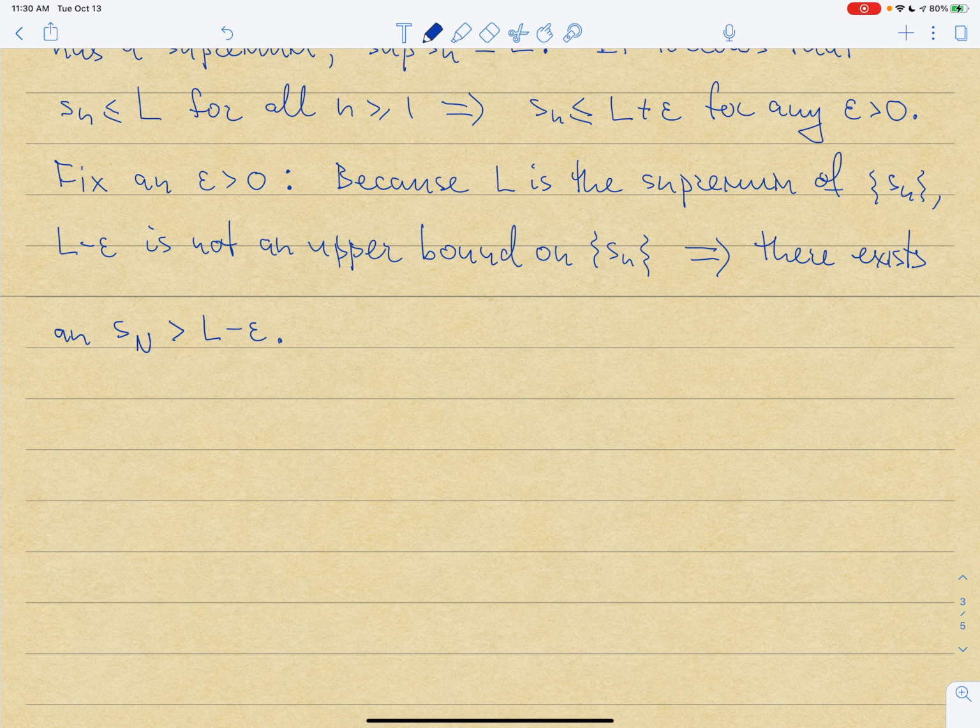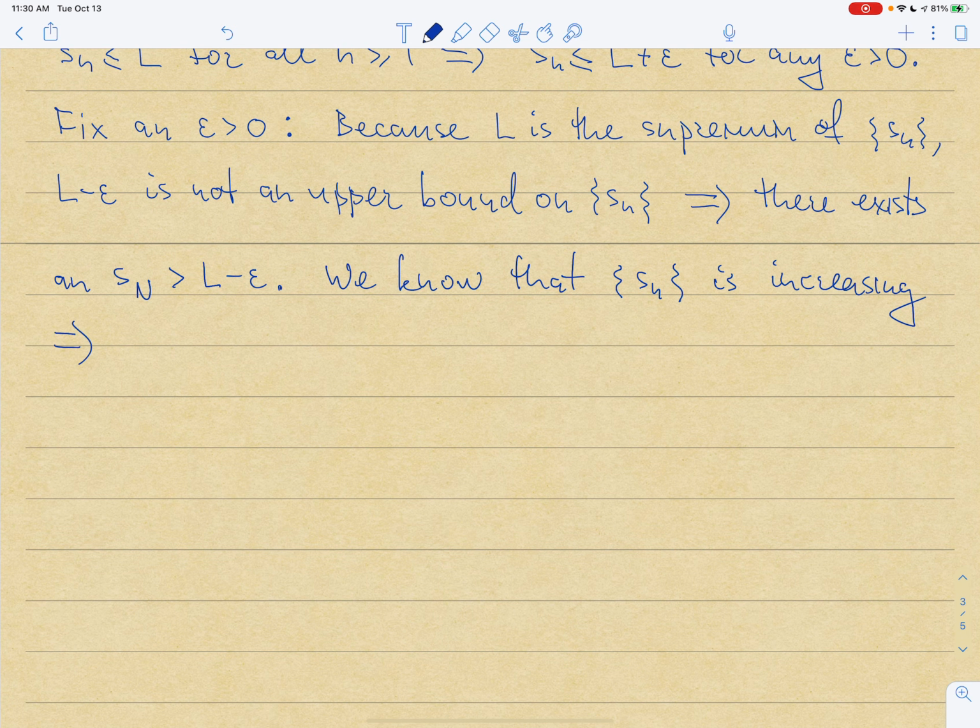Okay, so also we know that Sn is an increasing sequence. And because Sn is an increasing sequence, then I surely have that Sn is greater or equal than S capital N for any n bigger than capital N, right?